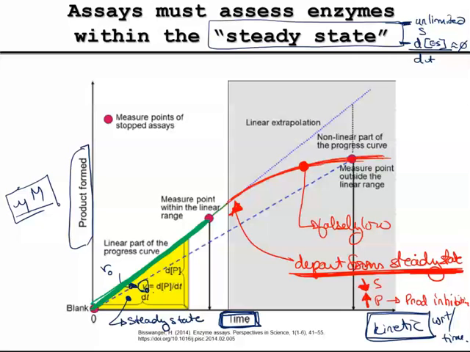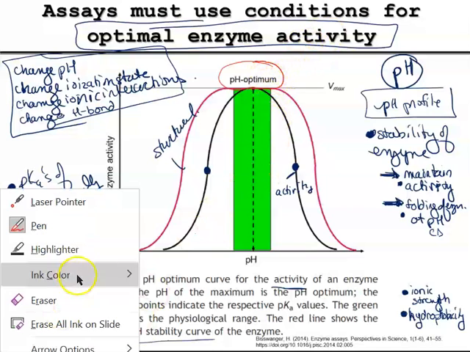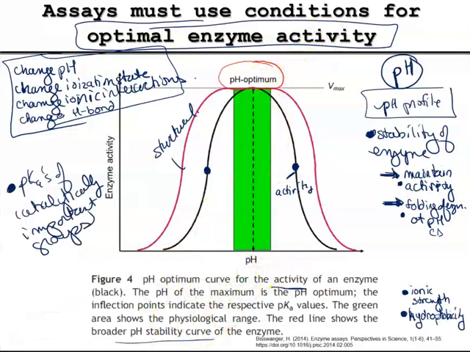At any rate, there's one thing I want to mention to you that I forgot to tell you about, and it has to do with this concept of the pH optimum of an enzyme. One of the things that I didn't mention before, and thinking about the green ink made me remember, this is the band of physiological pH.